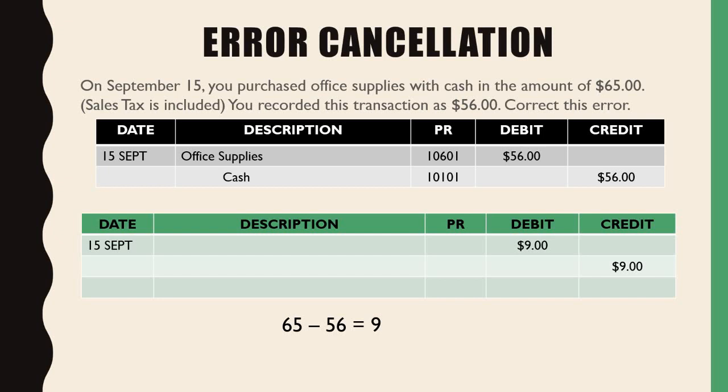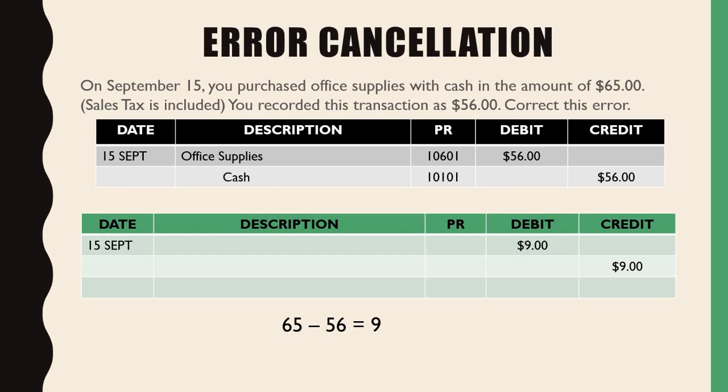Now, here's the difficult part. You have to understand which account is either under or over by $9. So let's take a look. Office supplies: am I short $9 or am I over $9? Am I short $9 in cash or do I have too much cash?